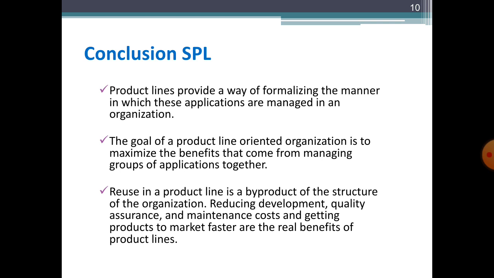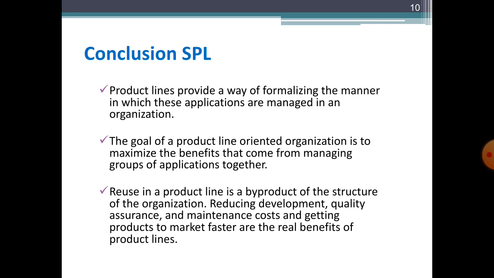This approach allows engineers to come up with the right solution quickly and effectively. Product line provides a way of formalizing the manner in which applications are managed in an organization.